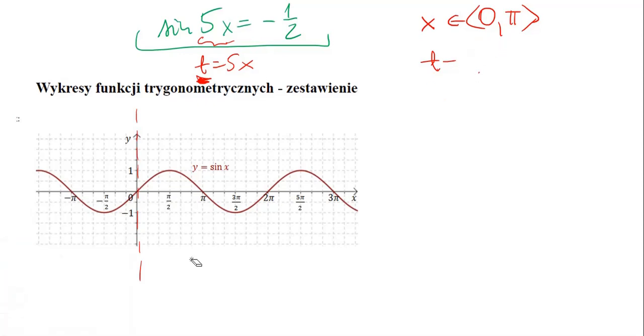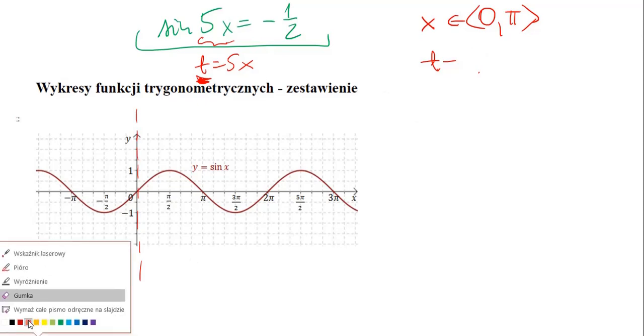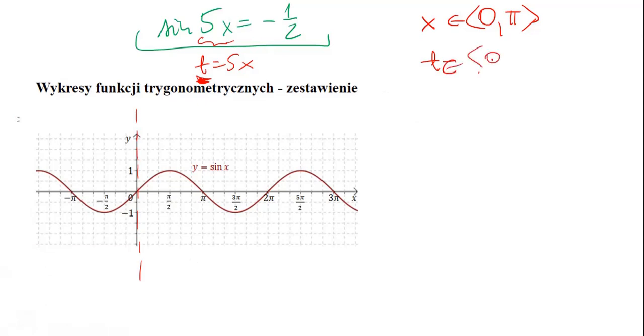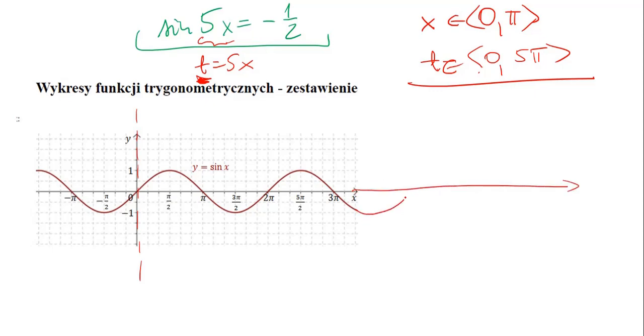Okay, let's calculate it. Let's multiply 0 and 5 pi, right? So we have a totally different interval, because it's between 0 and 5 pi. So I should draw more here until I get 5 pi, which is exactly here. Okay, and now it's all right. So we have negative 1/2.